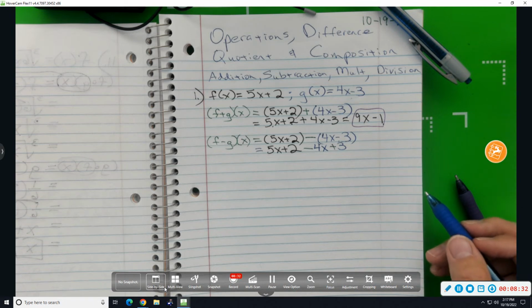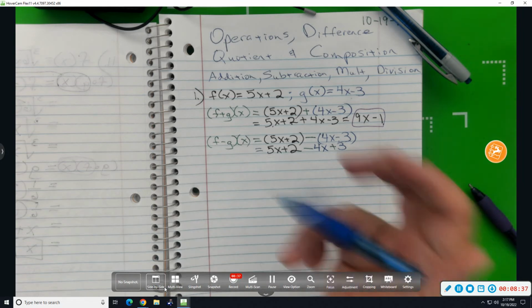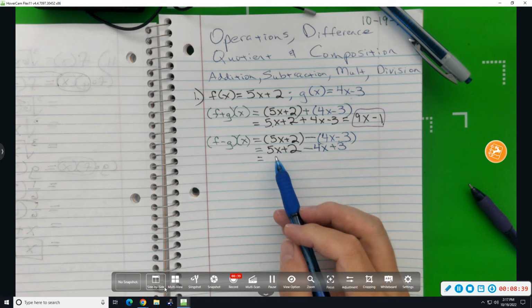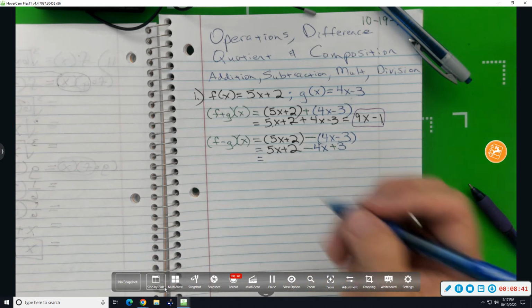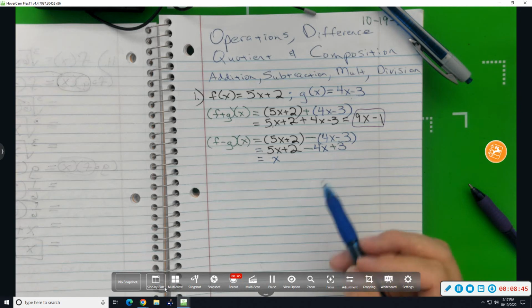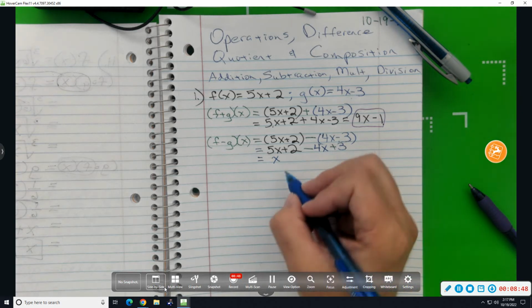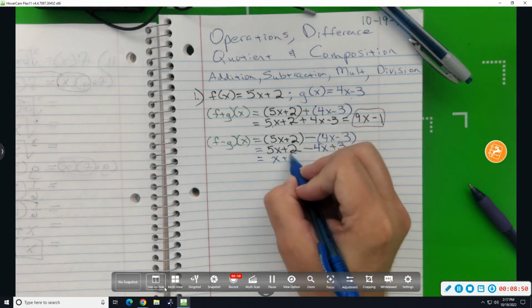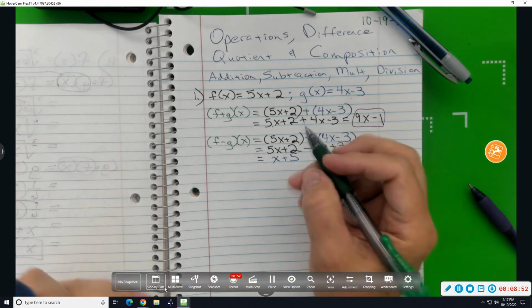Function addition and subtraction is just plain old algebraic addition and subtraction. We know what to do here. 5x minus 4x gives me 1x. 2 plus 3 gives me a constant term of 5. Okay, so there's f minus g.